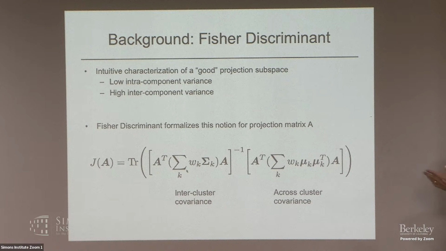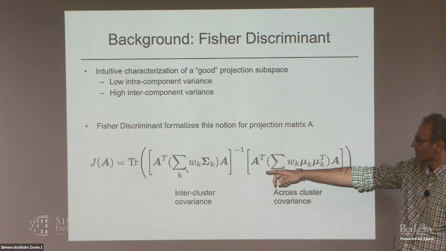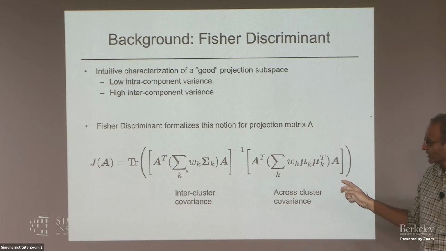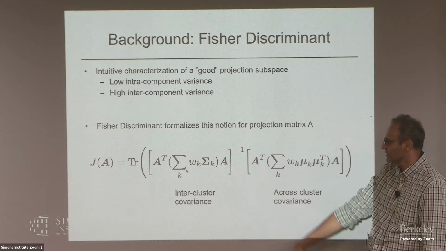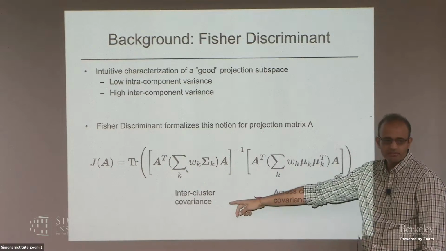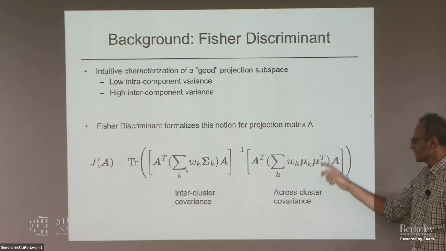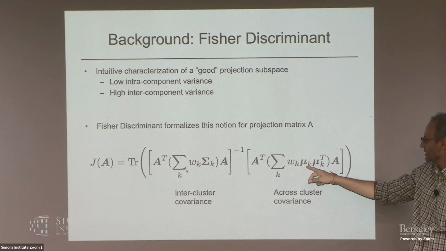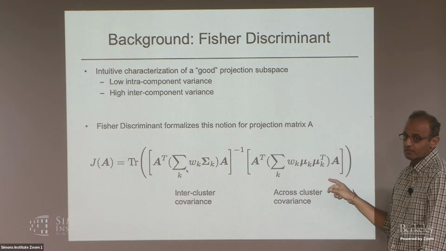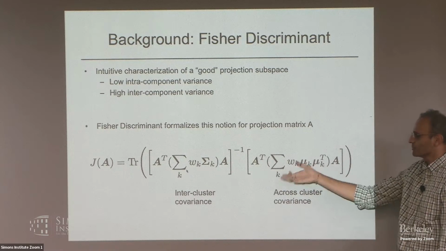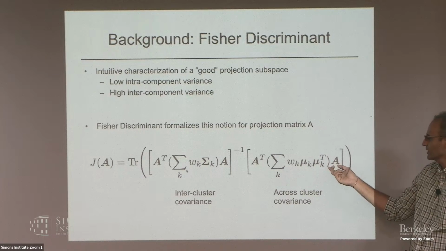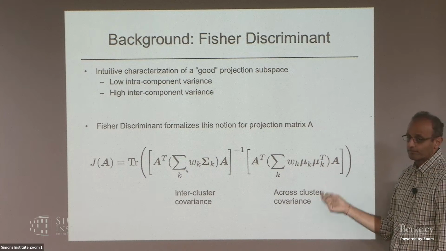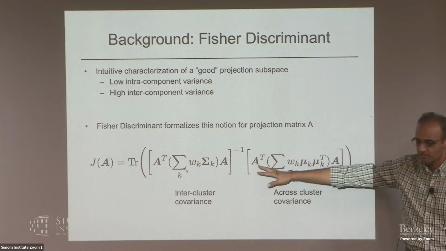The standard metric for good is the Fisher discriminant. If I have any subspace A, then the Fisher discriminant is the trace of this product of matrices, where the first matrix is inverted. This is the intercluster covariance, and this is the across cluster covariance. If the projected mu's are really far apart, this will be big, and if the projected mu's are closer, this will be small, and vice versa.